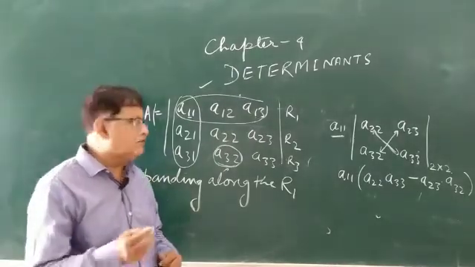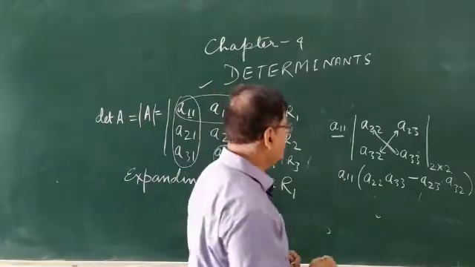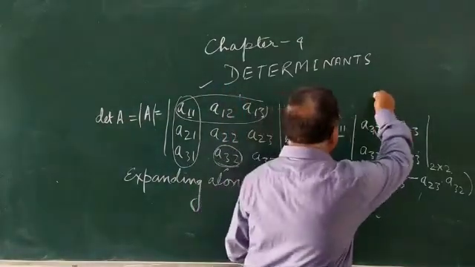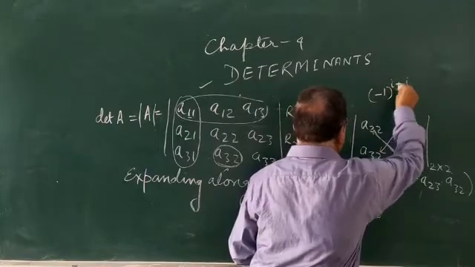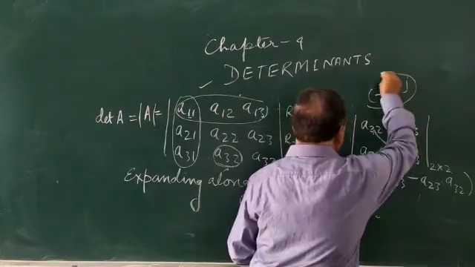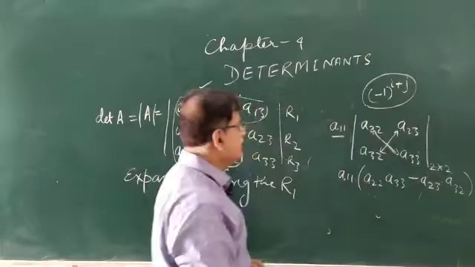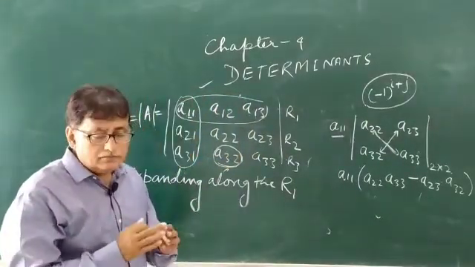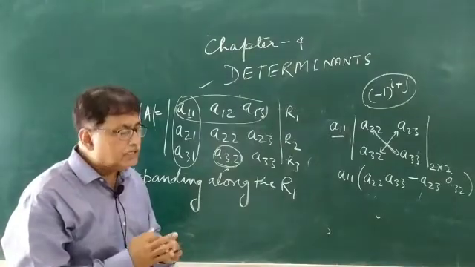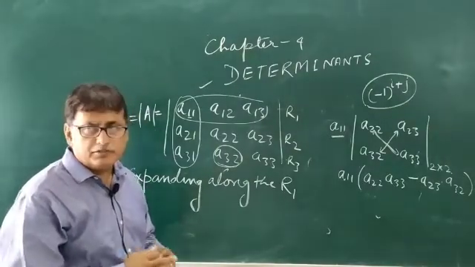So even number always gives positive. So how to get this minus 1 to the power i plus j? That is what? That is the consideration of sign of that element, the position of the element.